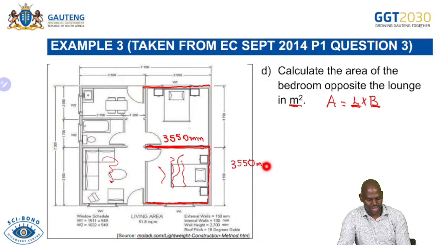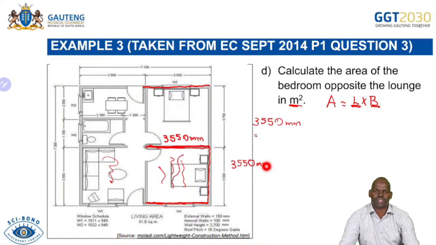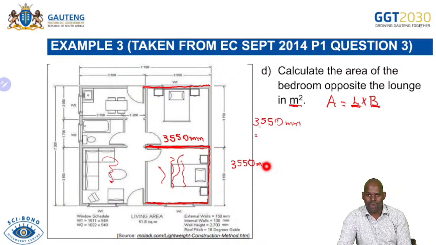If we've got 3,550 millimeters, now we want to convert it to meters. How do we convert from millimeters to meters? We have to divide by 1,000.